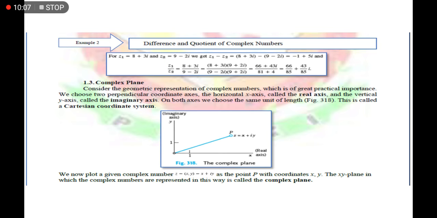So if meron tayong complex number that is represented by x plus iy, that complex number can be represented as a point or as a line that is being drawn from the origin papunta doon sa point that is represented by that complex number. As you can see here sa graph na to, itong complex number natin which is z equals x plus iy is drawn from the origin of this complex plane papunta sa point represented by this complex number.